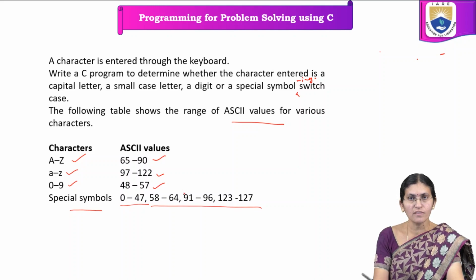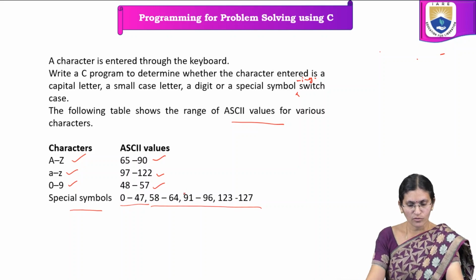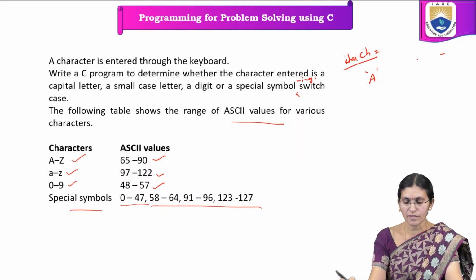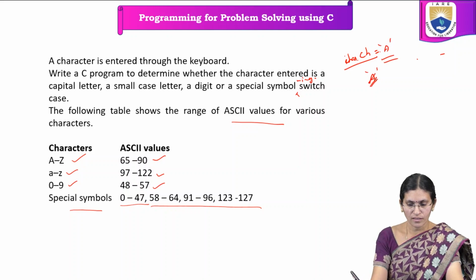Based upon this information, we will write a program. Suppose we enter the character A. This A is to be read as a character. If this is a character variable which stores A, then based upon the ASCII value, we can determine whether the given character is a capital letter, small letter, a digit, or a special symbol.